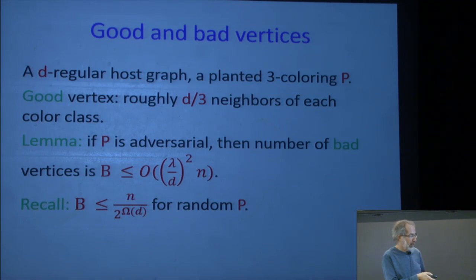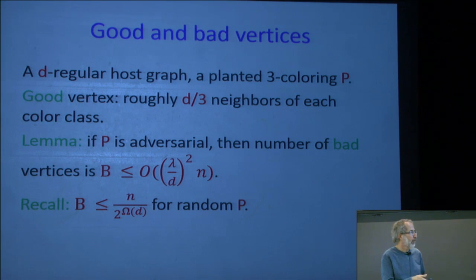And only if lambda is smaller than D do we get anything, okay? Significantly, if it's not an expander, the adversary can make almost all vertices bad. But if it's an expander, there's some control. It cannot be that all vertices are bad. Only a small fraction is bad.